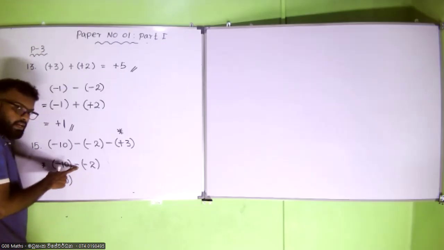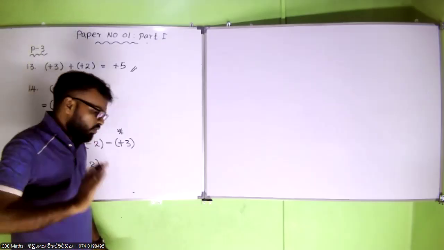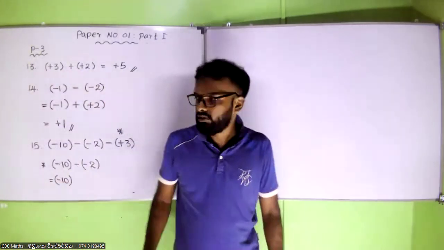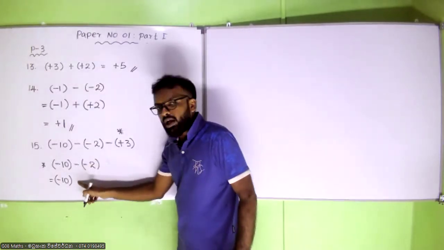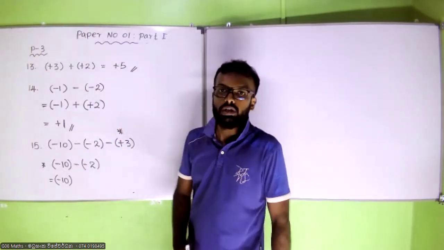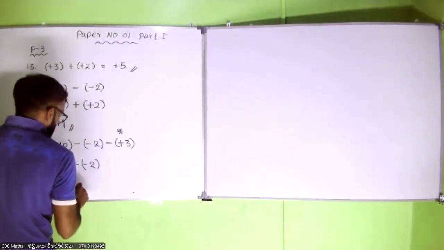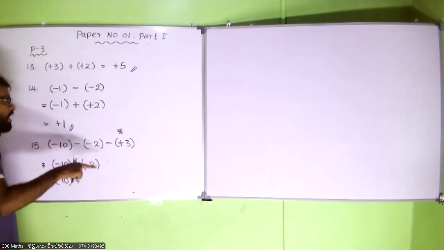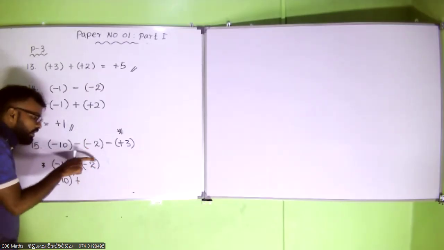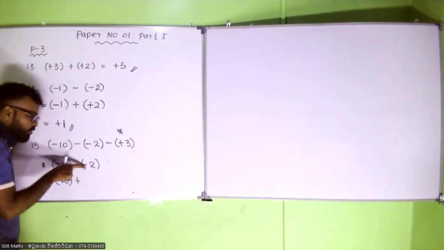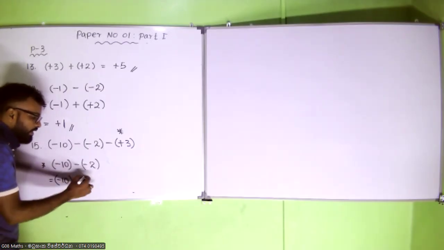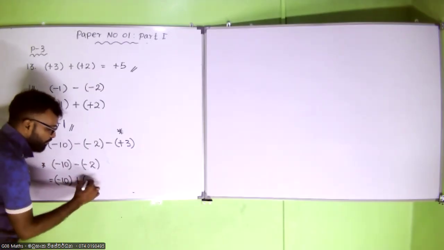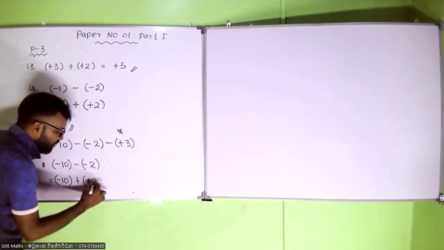This is subtraction. I do not know how to subtract, but I know how to add. So the negative sign I am going to convert into a positive sign, and at the same time I am going to get the additive inverse of negative 2. The additive inverse of negative 2 is positive 2.